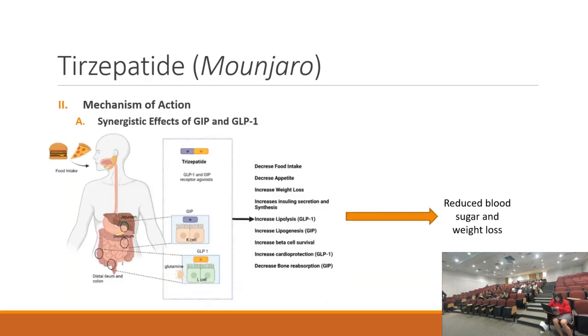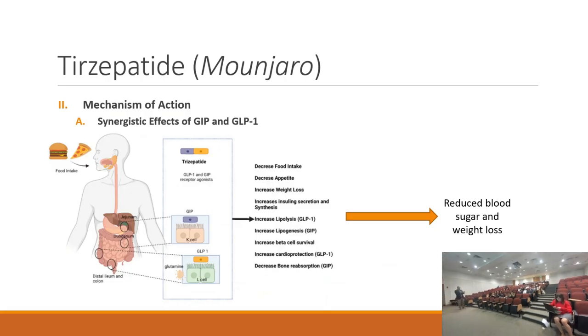So that's all I want you to know. And so the enhanced effects that we see with the combination of these two hormones coupled together in one drug molecule is enhanced, increased hormone effects. We get a synergistic effect because of the GIP and GLP-1 effect.